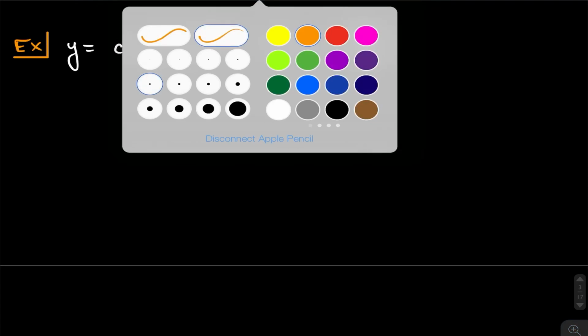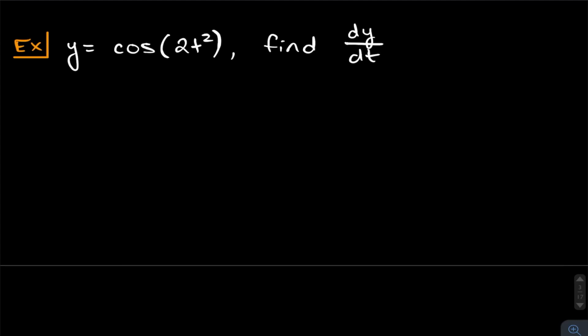Okay, so we have a cosine and we have a 2t squared on the inside. So let's let u equal 2t squared, take this derivative, okay? And we write that dy over dt, and so u is now a function of t, right?